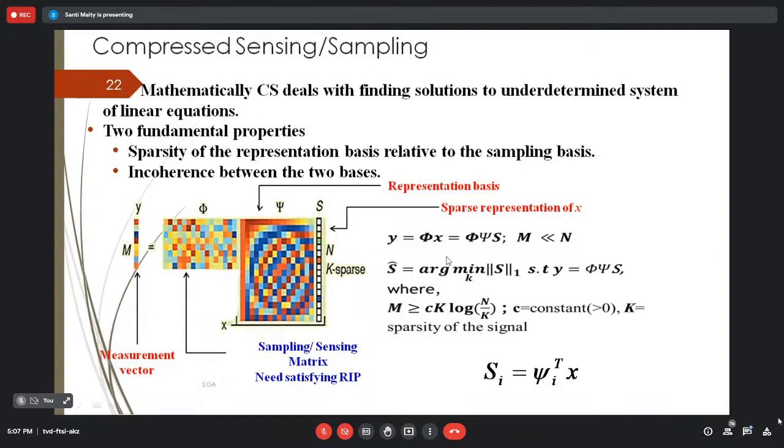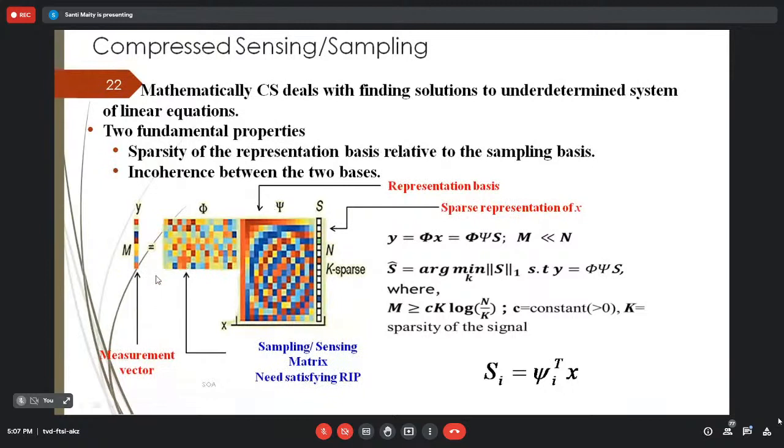Choose that S bar such that y is equal to this. Y is the measurement. So you do these convex optimizations and reconstruct this. Once you get back S hat, which is the discrete Fourier coefficients from the measurements, you do the inverse Fourier transform and you get back the reconstructed signal.